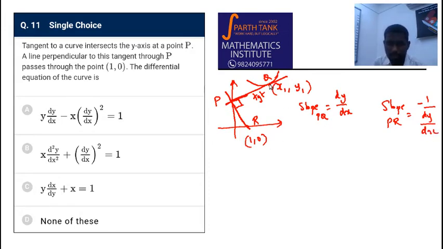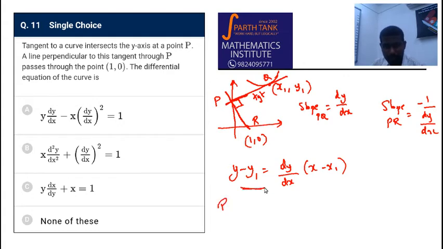Now the equation of this tangent here is going to be y minus y1 is equal to the slope, which is dy by dx, into x minus x1. Now P is where this line intersects the y-axis, right? So to find P, you put x is equal to 0 here, okay, and you will get y.